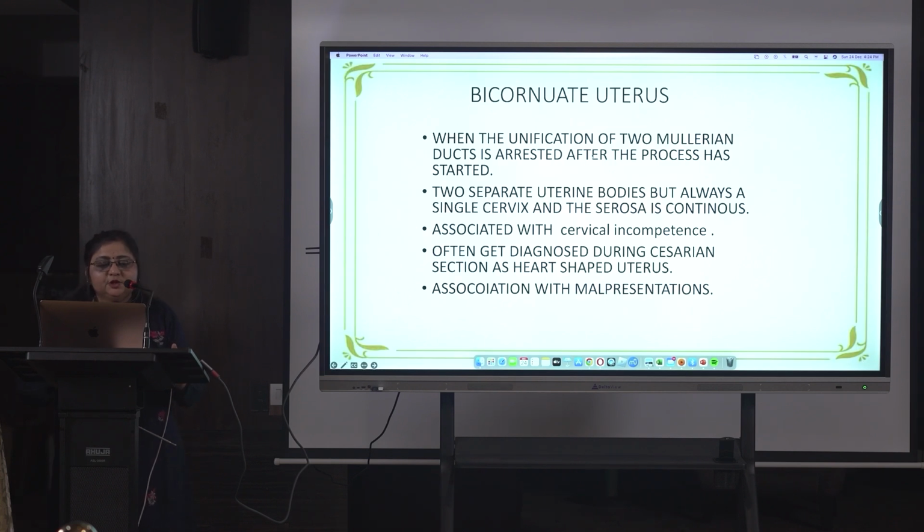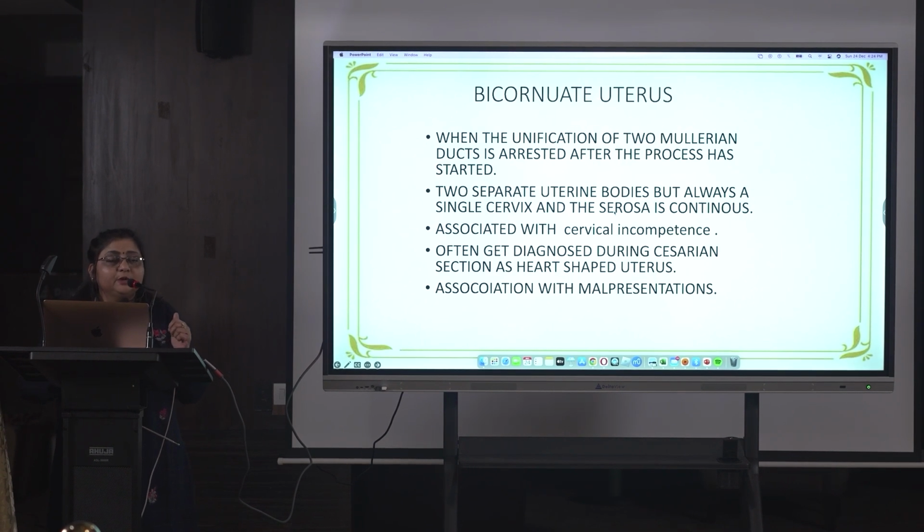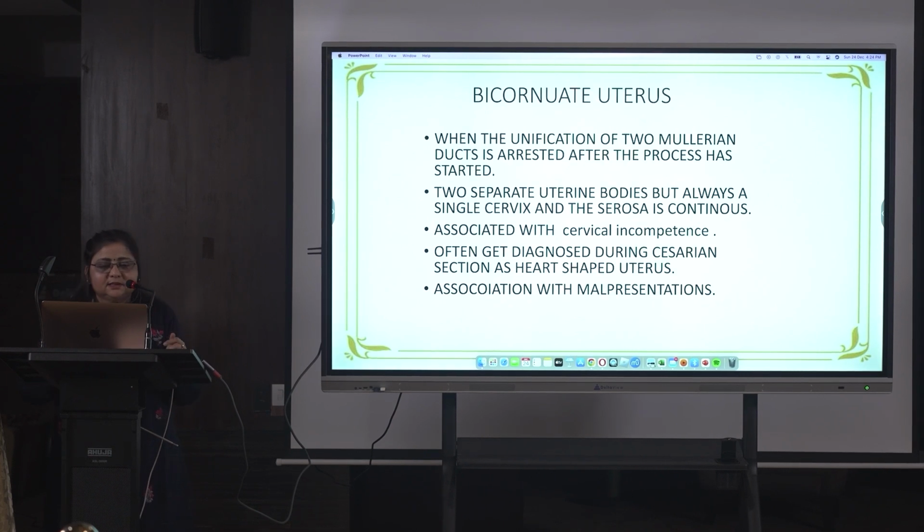So when the unification of two Mullerian ducts is arrested after the unification process has started, then it becomes a bicornuate uterus, two separate uterine bodies but always a single cervix. So you can see why cervical incompetence is happening, because two uterine bodies are sitting on a single cervix.